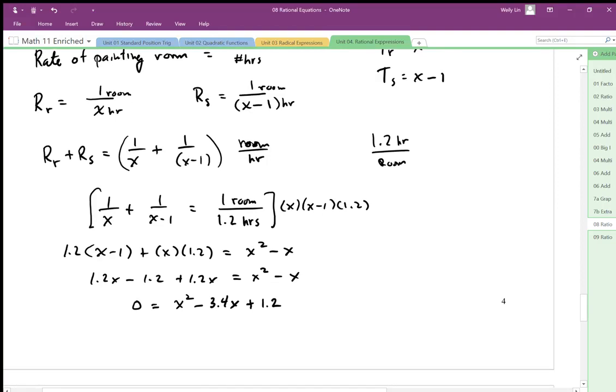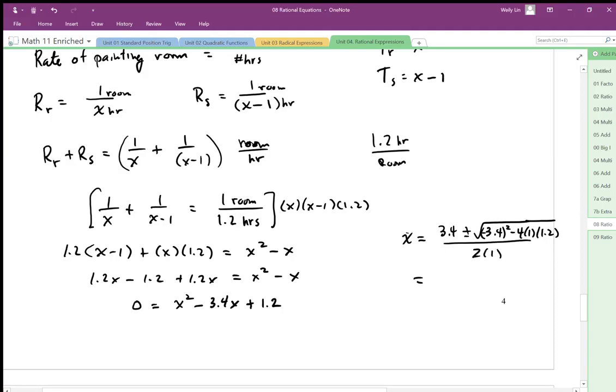I need to solve this quadratic equation. I suspect it's probably factorable, but I'm going to put this into the quadratic formula. So I get 3.4 plus or minus the square root of negative 3.4 squared minus 4 times a times c, all over 2a.